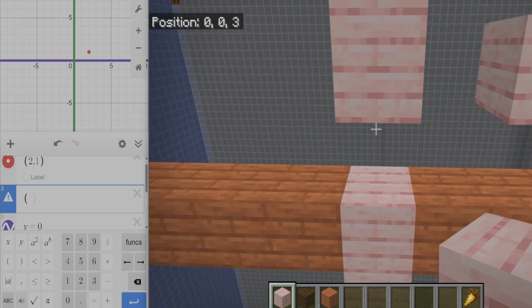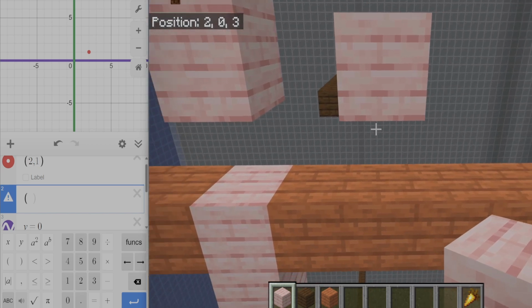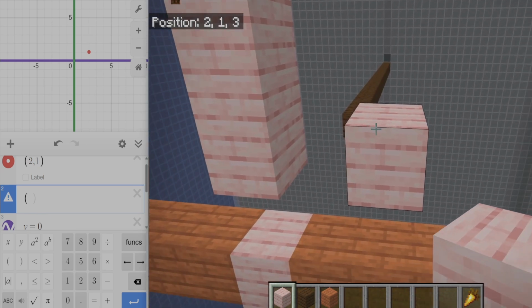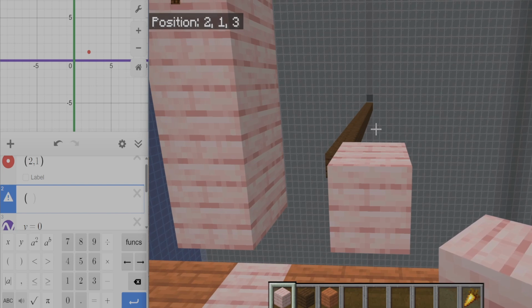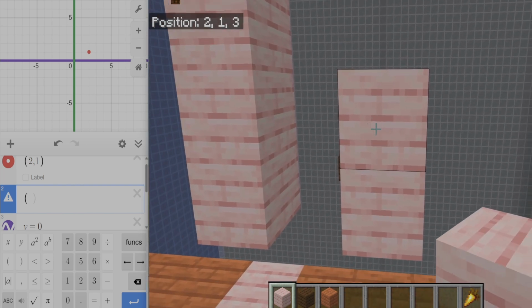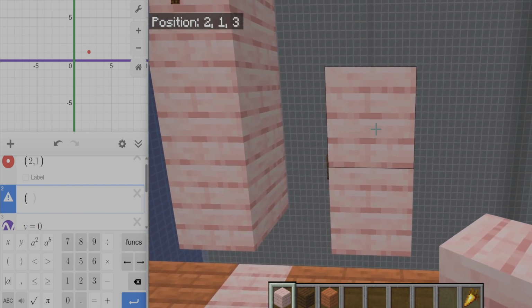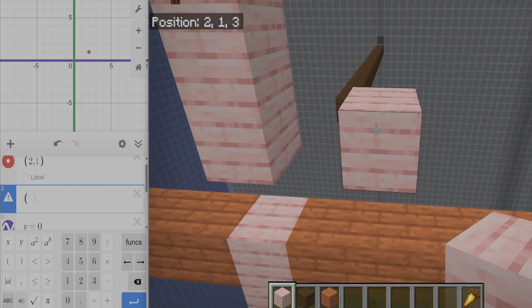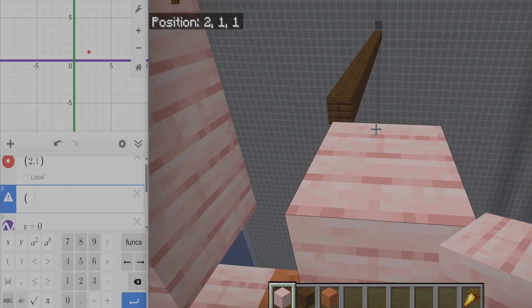So I'm at 0, 0. We go over 1, 2 in the x direction. And then we go up 1. Because the height of my character is 2 blocks tall, I'm actually looking at this position, but my location is this position, okay?